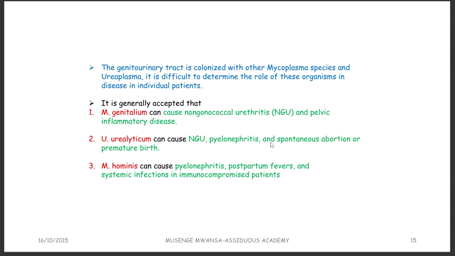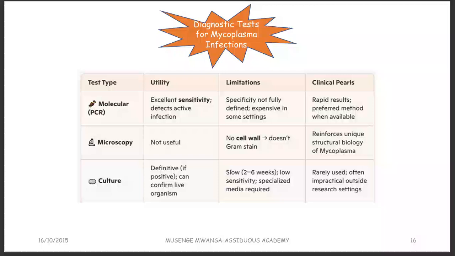This is pus in the kidney. And then also spontaneous abortion or premature birth. So this is bad. When you find this in a pregnant woman, you want to do something very quickly because it can cause spontaneous abortion. Mycoplasma hominis also can result in pyelonephritis, postpartum fever, fever after giving birth, and systemic infection in the immunocompromised.